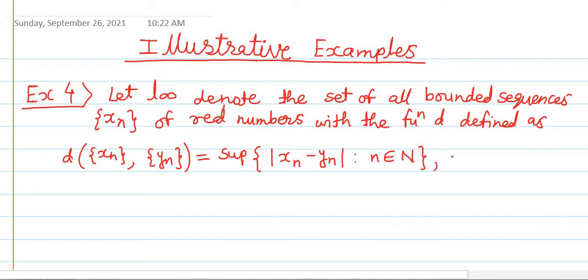And this is for every sequence xn, sequence yn belonging to L infinity.